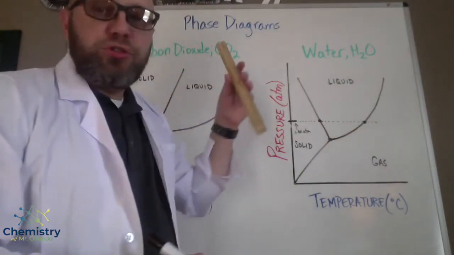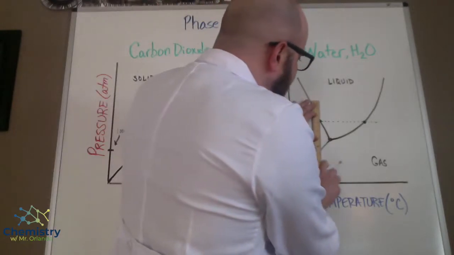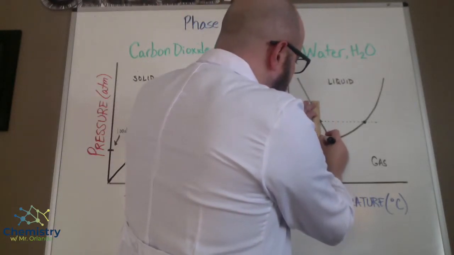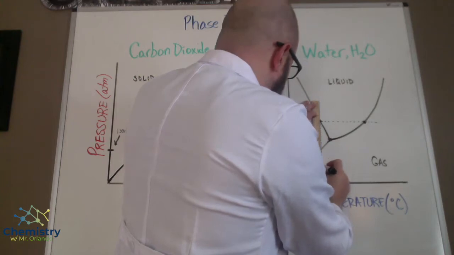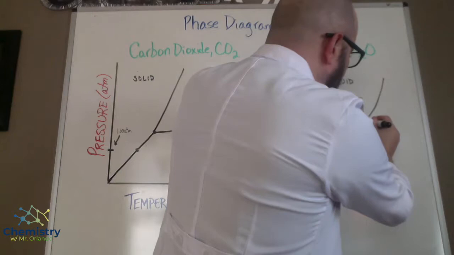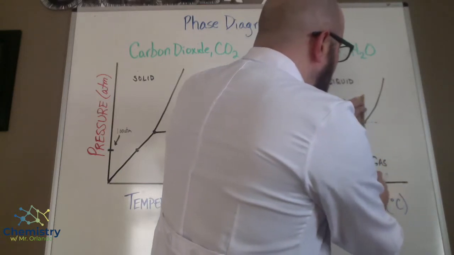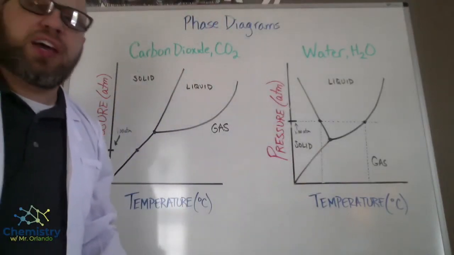Now, if I were to drop a line down to where temperature is in degrees Celsius, we would be able to identify those temperatures.